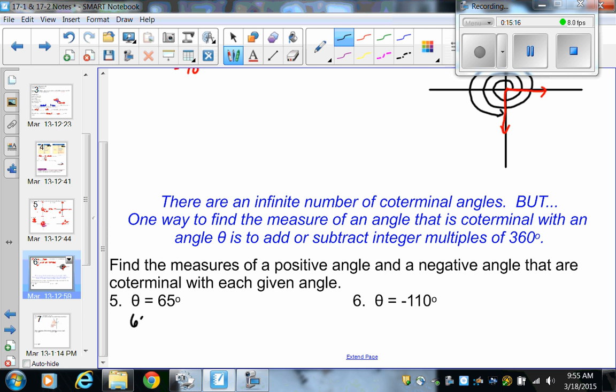So if we take the 65 and add 360, that's going to give us 425 degrees. And if you take the 65 and subtract the 360, that will give me negative 295 degrees. So these would be two coterminal angles where one is positive and one is negative.